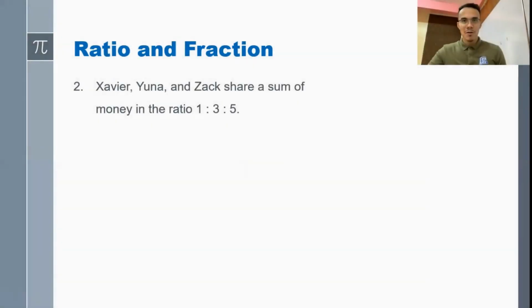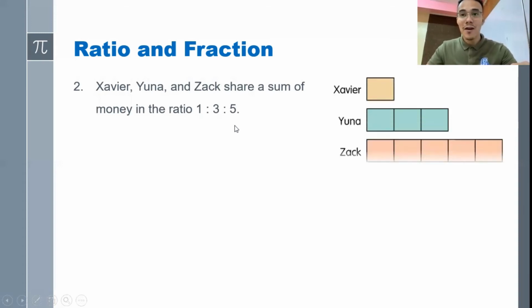Let's have question number 2. Xavier, Yuna, and Zach share a sum of money in the ratio 1 to 3 to 5. Based on this ratio, we can say that Xavier gets 1 part, Yuna gets 3 parts, and Zach gets 5 parts.